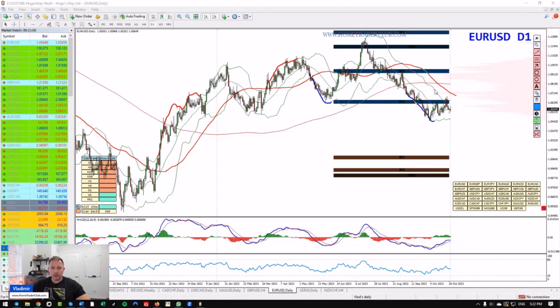Meanwhile, as long as these zones I just mentioned are holding, any rallies towards them with bearish evidences on the lower time frame should be considered as a sell opportunity.